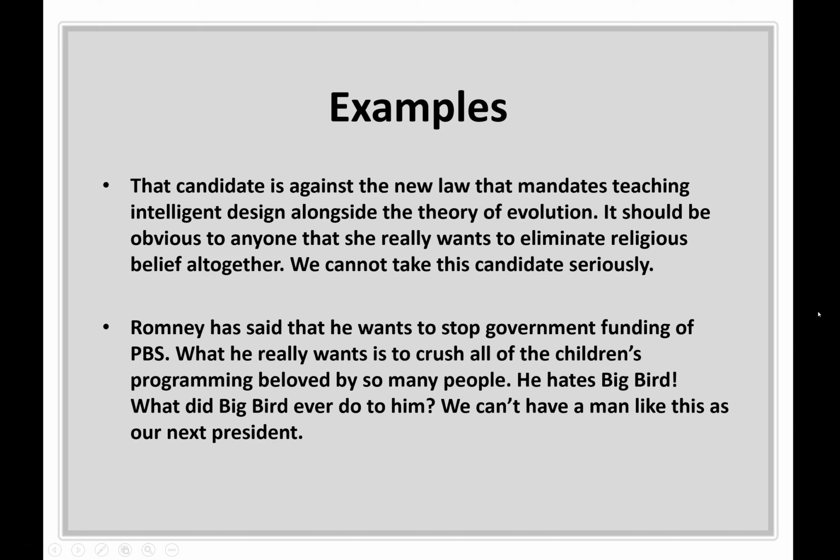So this happened when Romney, on his campaign, said he wanted to stop funding public broadcasting. And he gave an argument for it. Like it or don't, he gave an argument. Right? And Obama came in, heard that, and said, well, Sesame Street's on PBS, so what he really wants to do is crush Sesame Street. He hates Big Bird. What did Big Bird ever do to him? Look this up if you want. There's video of this. But this was a classic straw manning.